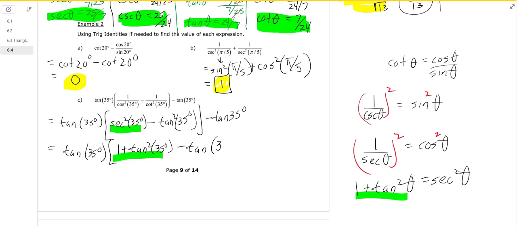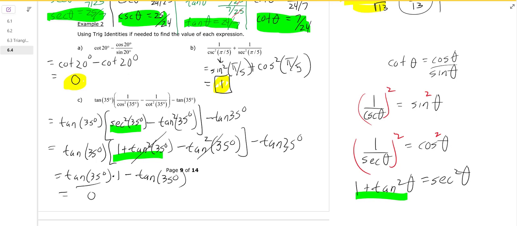It looks like we got tangents everywhere in the problem now. I'm just using a few basic identities. Those are going to go away. Then it looks like you have tangent of 35 degrees times 1 minus tangent of 35 degrees.